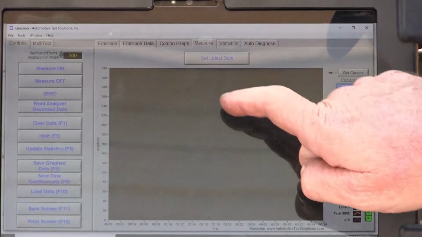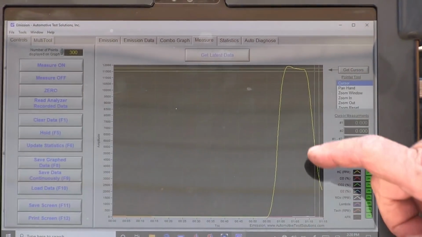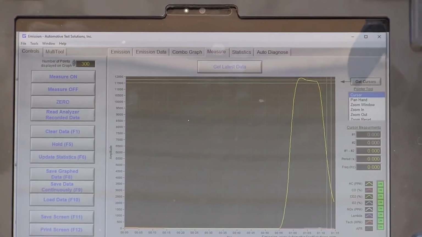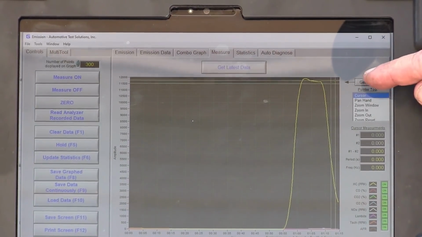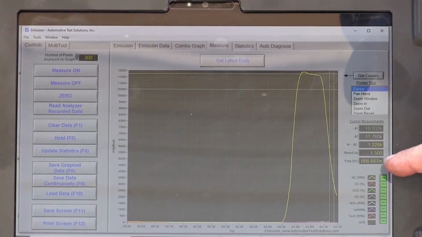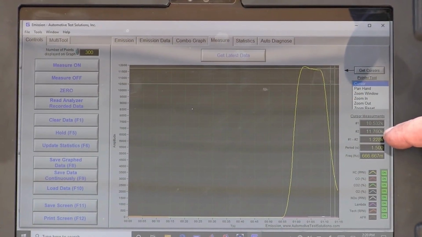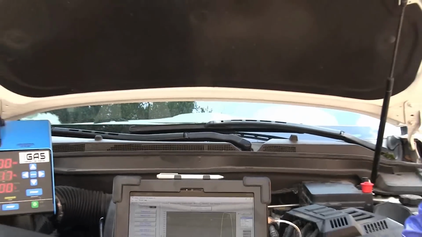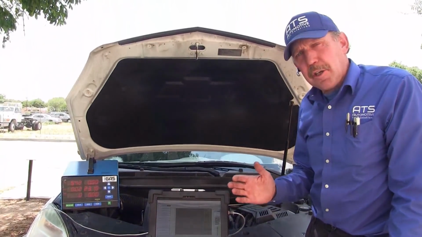If we go to measure and we get the data, we can see that this guy came all the way up, and basically it's quite high. So we're about 11,000 parts per million.